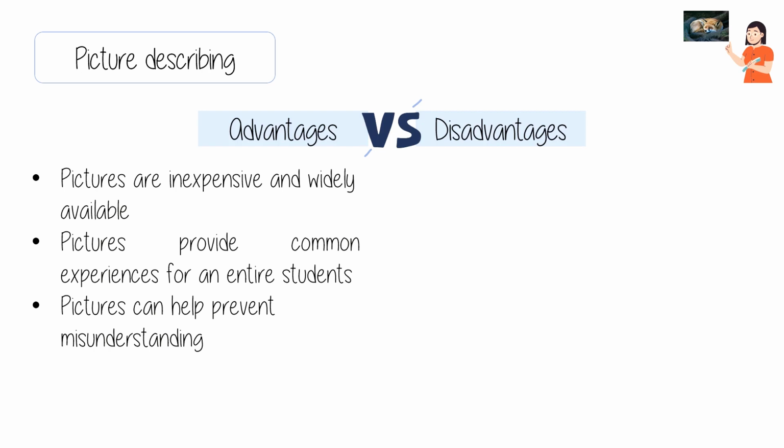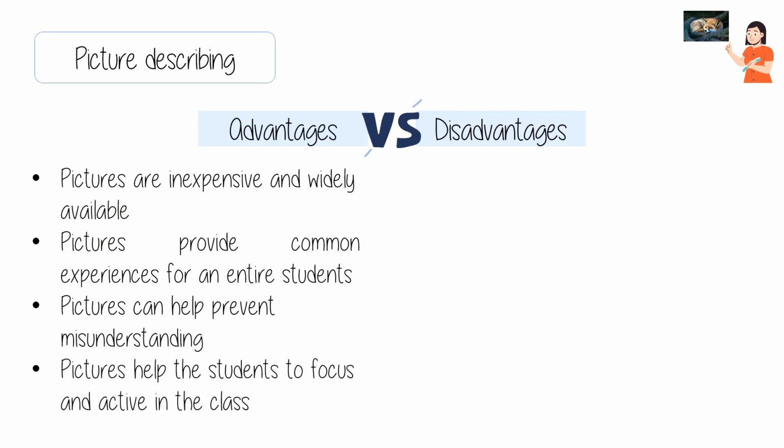And the last advantage is that pictures help students focus and be active in class. Of course, because picture describing is an interesting activity, the students will focus on their learning activity and be active in the class.